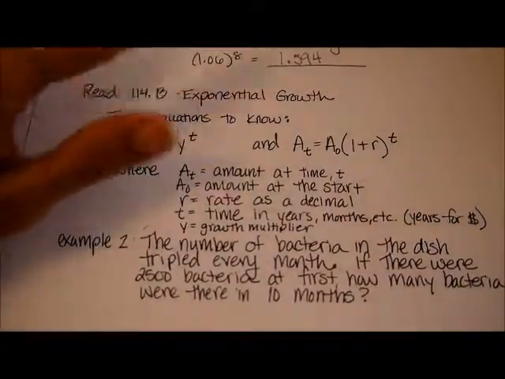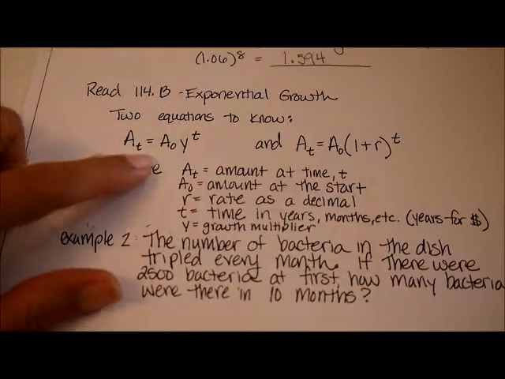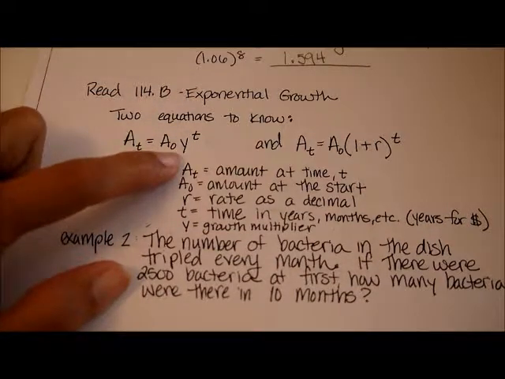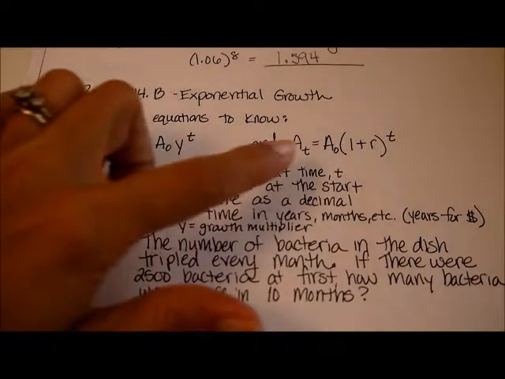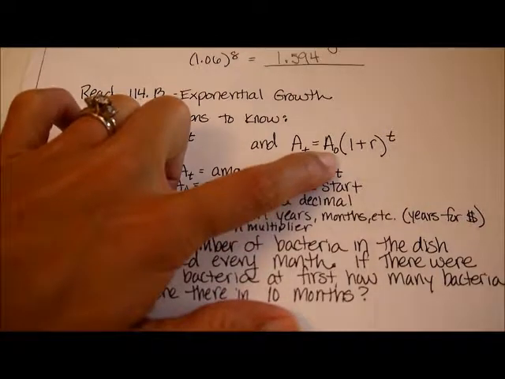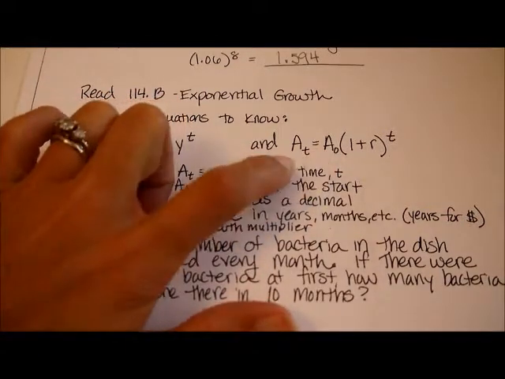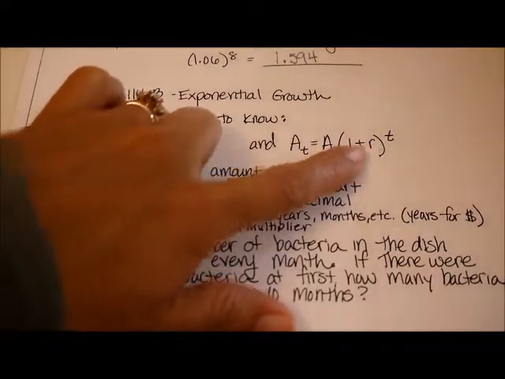This is the big thing that we need to know. 2 equations you need to know. A of t equals a sub 0 times y to the t, and we're going to look over on this one. Let's say we put $100 in the bank, and I want to know how much money I'll have after 3 years. Okay, $100 in the bank today. In 3 years, it's going to grow, and it's going to grow by this much.